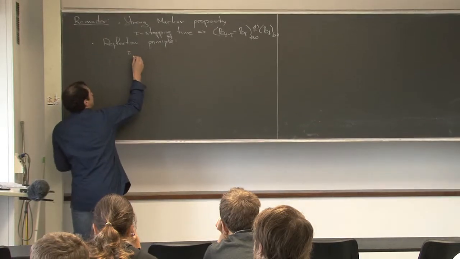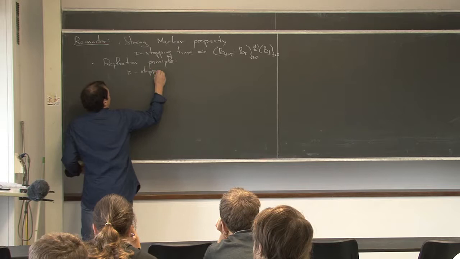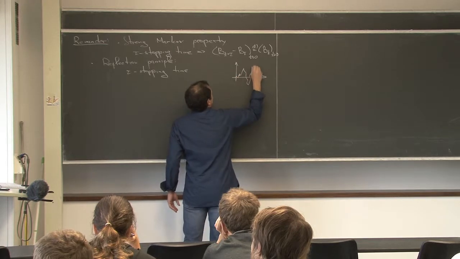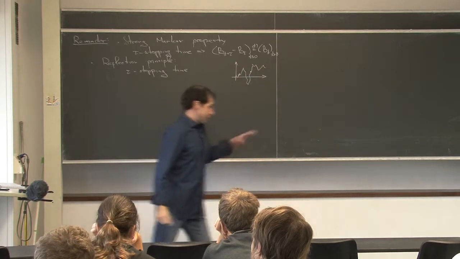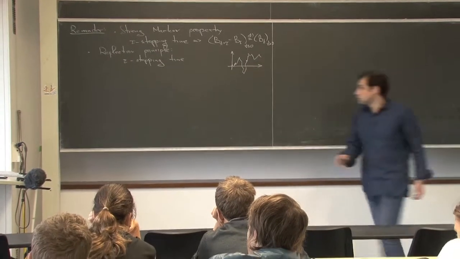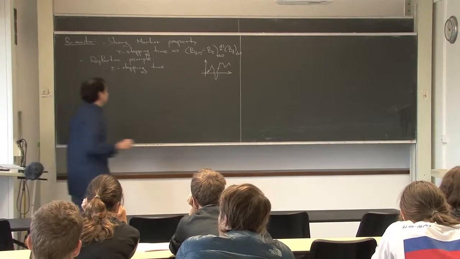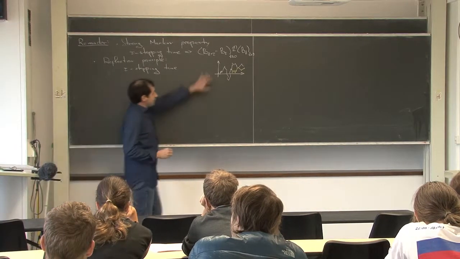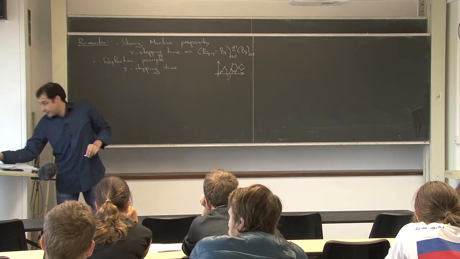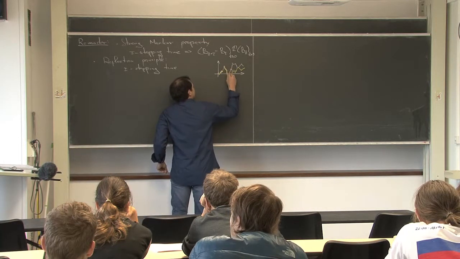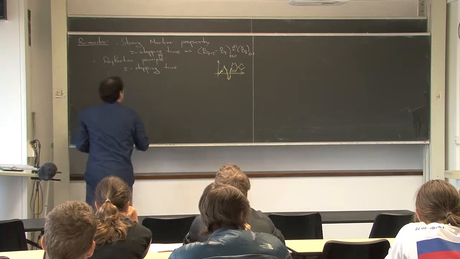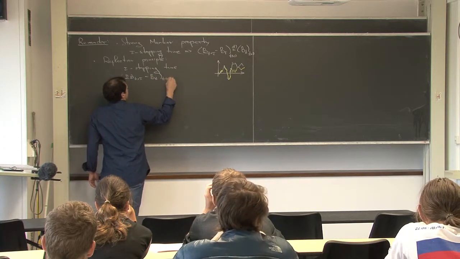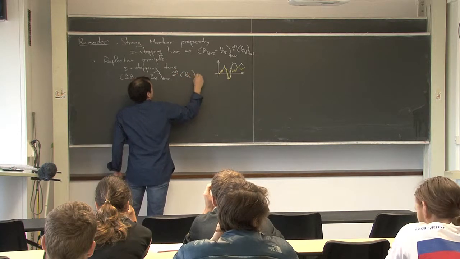It says that if we have a stopping time, and reflect the trajectory at this moment, say this way, then if we just think about the yellow trajectory, it's distributed as a Brownian motion again.